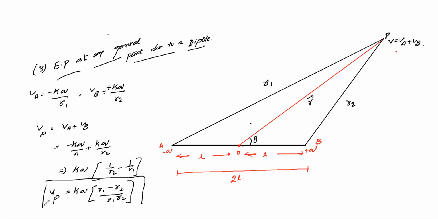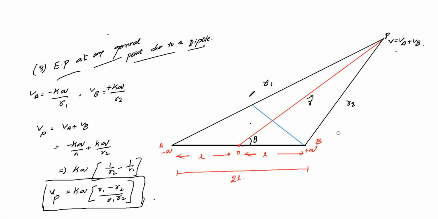Okay, let's see. Here, the point P is far away, so far that we cannot measure it, and the potential is not at all zero. R1 and R2 are two different terms. To make it comfortable, I'll take a perpendicular line from your R1 line, meeting at the B point.